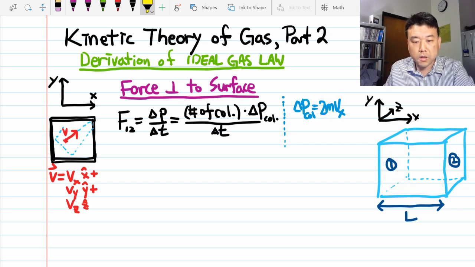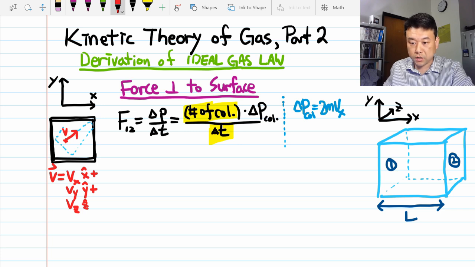Now, for the number of collisions per time, I think it's easier to figure out the amount of time between collisions. Then it will be one collision per some amount of time we figure out. So when you take the reciprocal of the amount of time between collisions, that's going to give you this fraction of number of collisions per time.